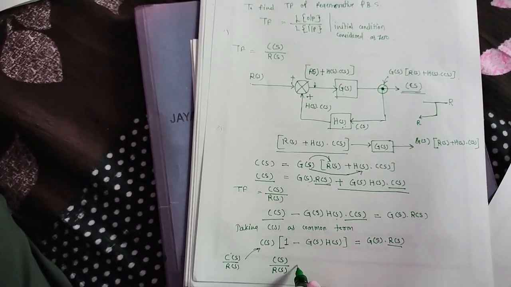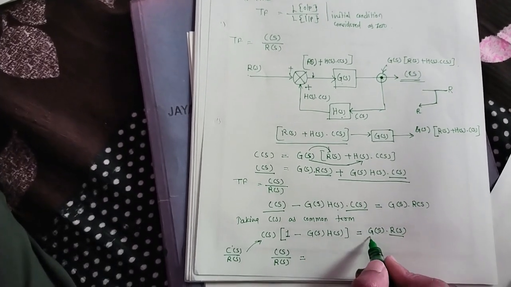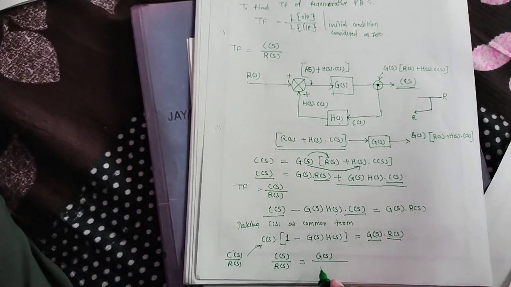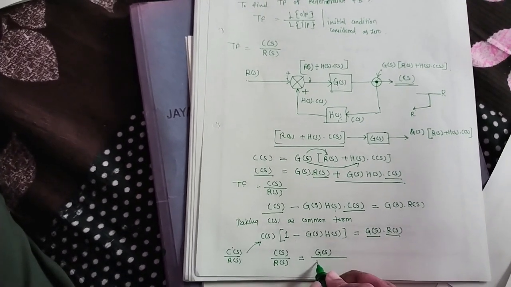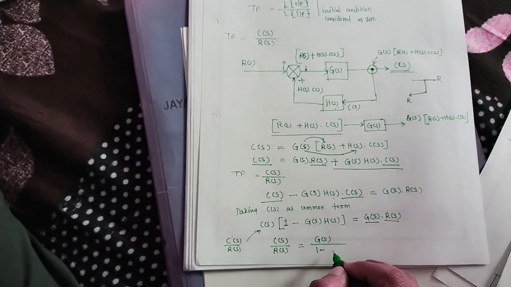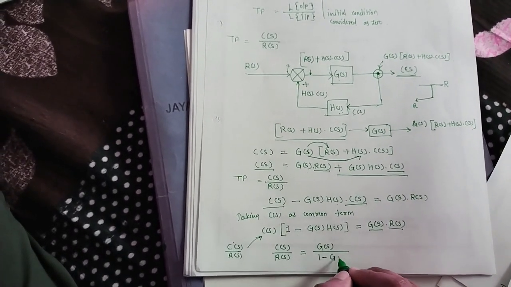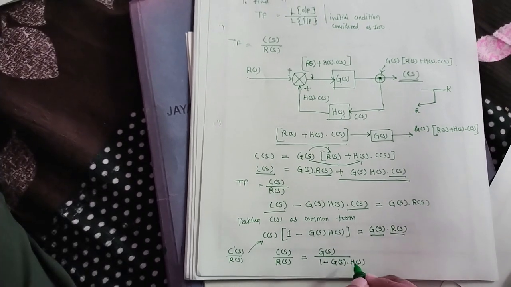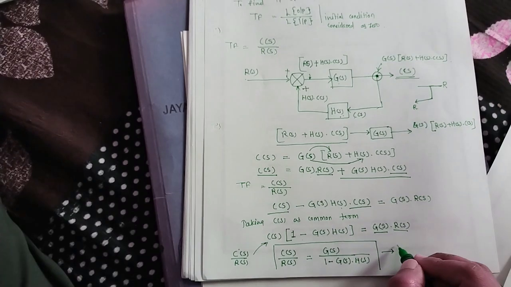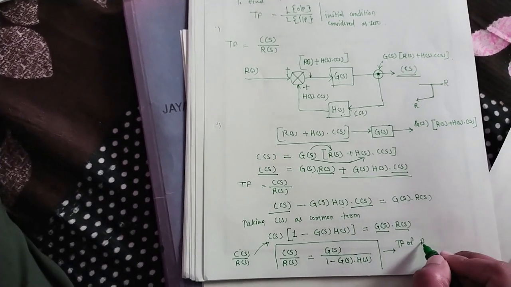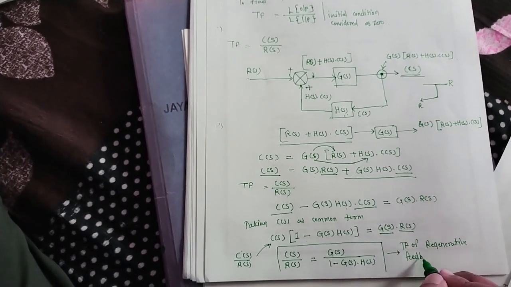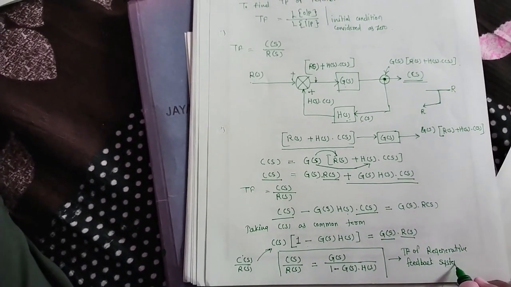This term is taken as the numerator as it is, G of S, and divided by the term 1 minus G of S into H of S in the denominator. So this is your transfer function of regenerative feedback systems.